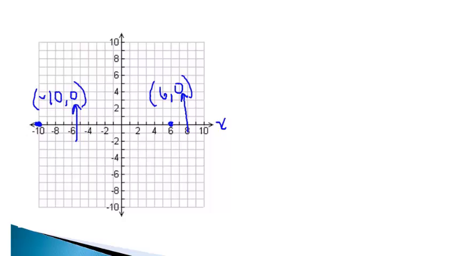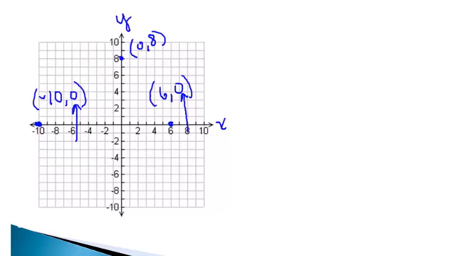Now the opposite is true for points along the y-axis. Let's grab a couple of points and look at their ordered pairs. For example, if I place a point at 8 along the y-axis, as an ordered pair, since we're moving left and right first, and then up and down, this would represent the point 0, 8.